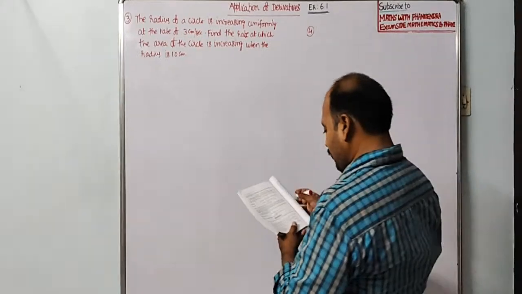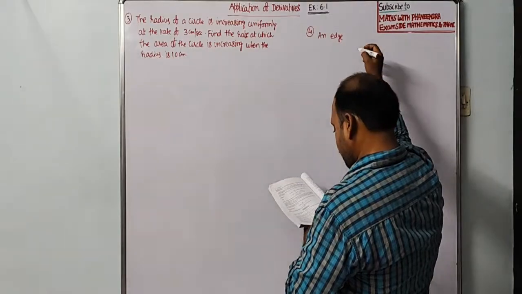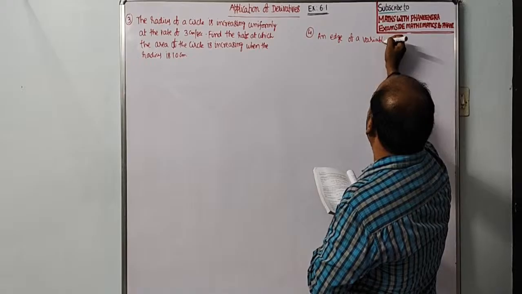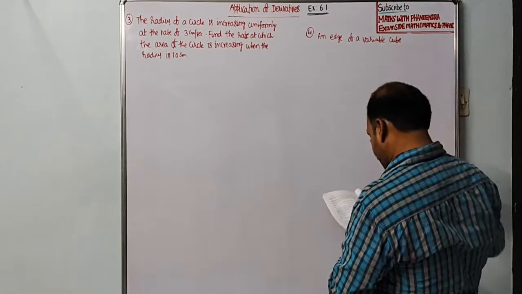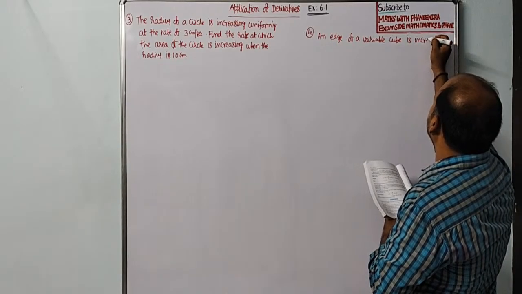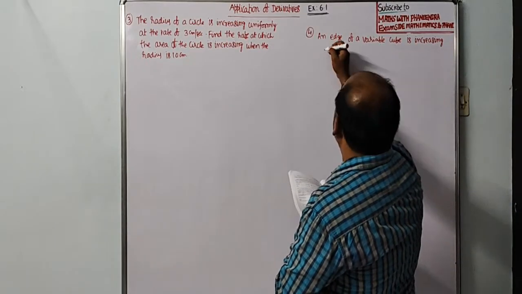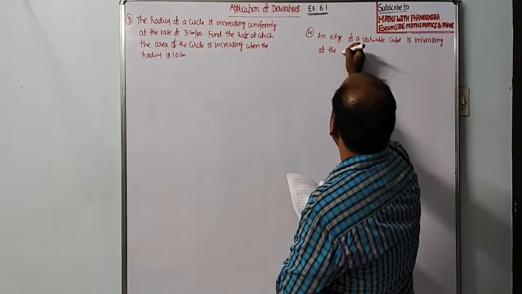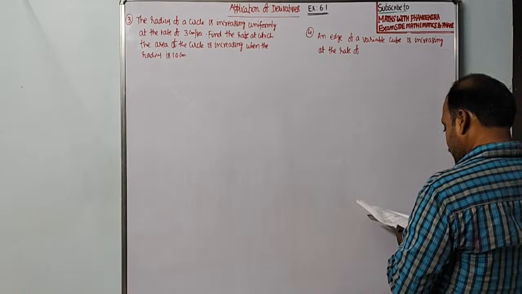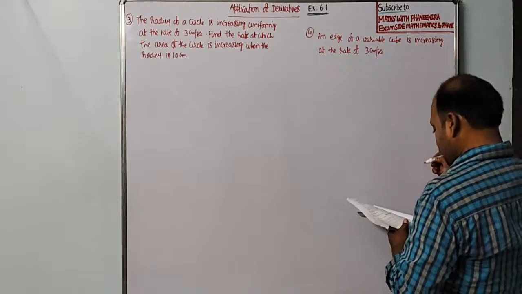Next, question number 4. An edge of a variable cube is increasing at the rate of 3 centimeter per second.